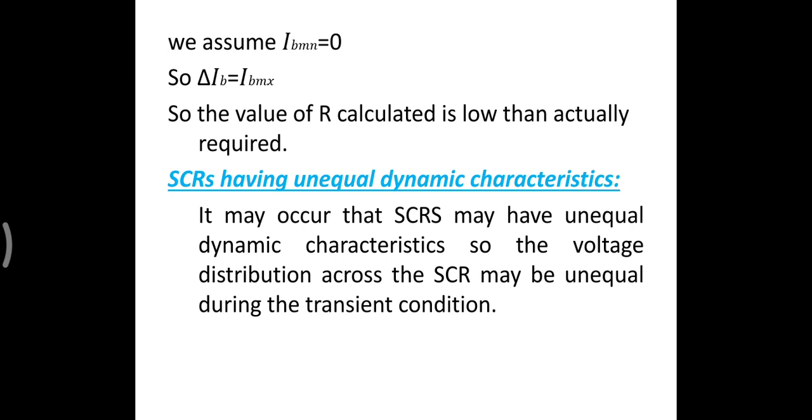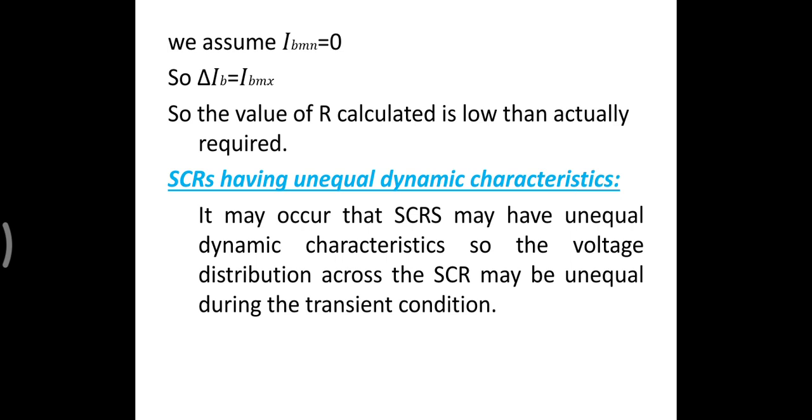Next, we have discussed up to now only the VI characteristics, that means the steady state situation only. What about the dynamic characteristics when the SCRs are connected in series? So how do these dynamic characteristics arise? SCRs may have unequal dynamic characteristics, so the voltage distribution across the SCRs may be unequal during transient conditions.